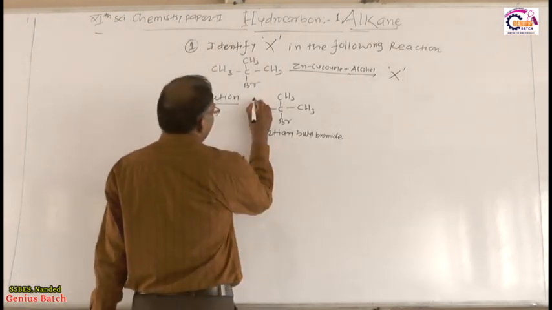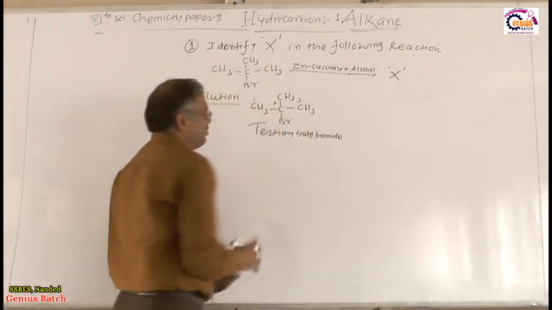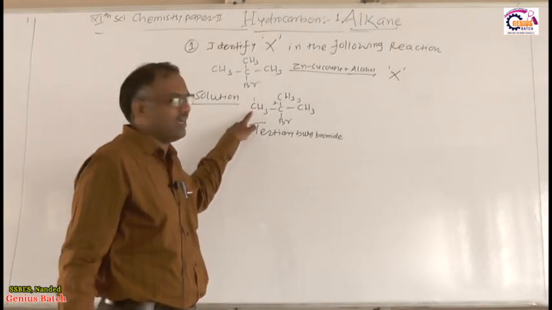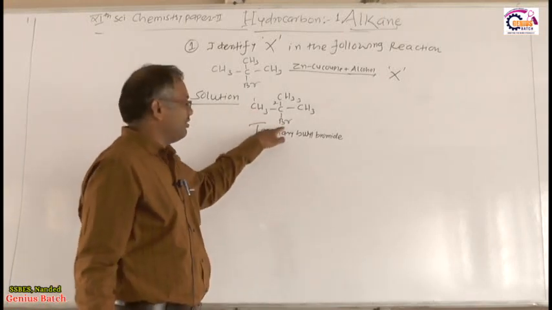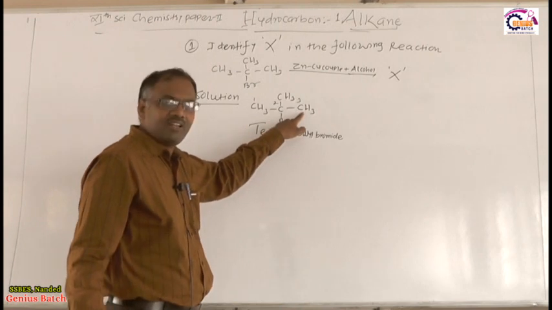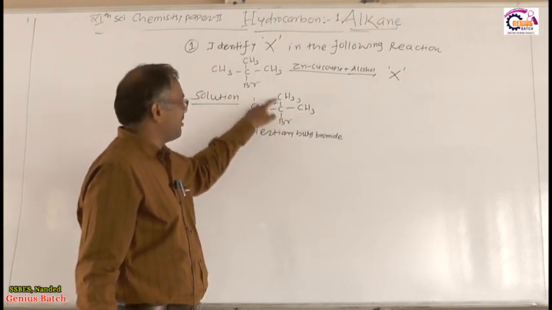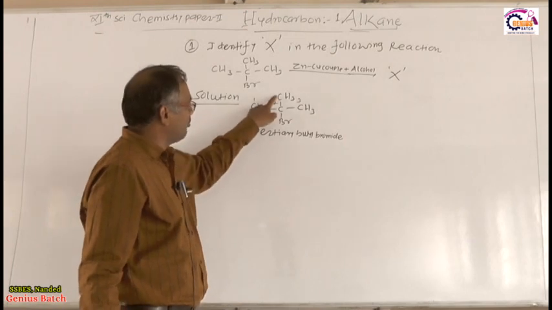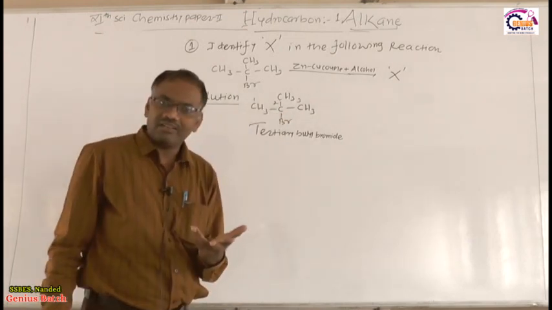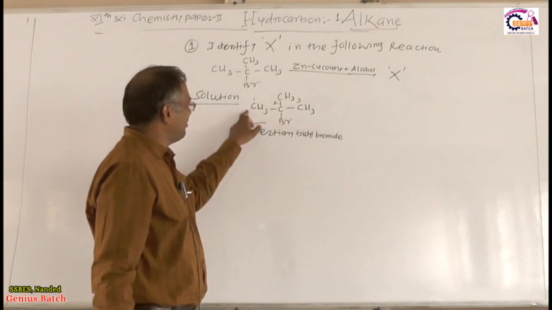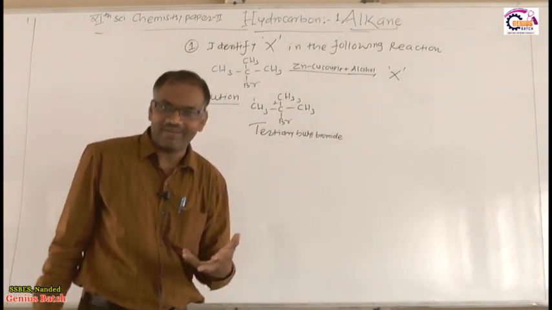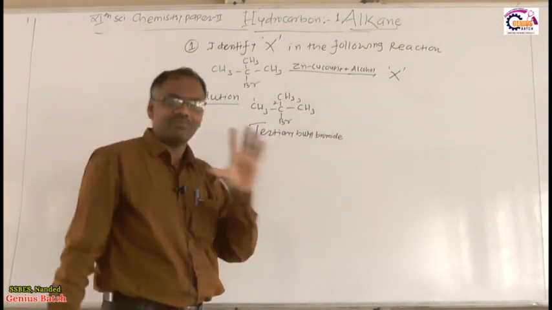Common name. For the IUPAC name, select the longest continuous chain. You can start numbering from this carbon atom 1, 2, 3, and the halogen atom gets the second number. You can start numbering from any carbon atom at this end, and the halogen atom gets the second number. So therefore you can choose any one chain.